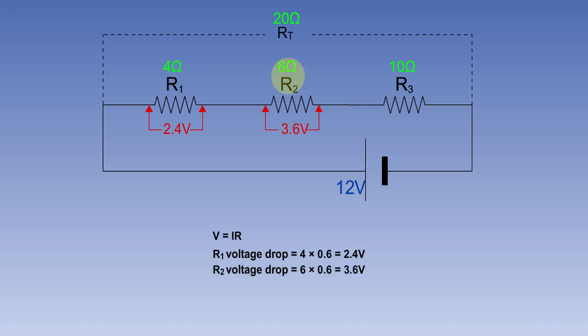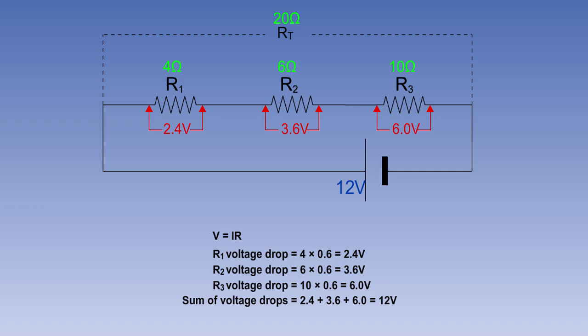The voltage drop across R2 is 6 multiplied by 0.6, or 3.6 volts. And the voltage drop across R3 is 10 multiplied by 0.6, or 6 volts. According to Kirchhoff's second law, the sum of these voltage drops should equal the applied voltage of 12 volts, and it does.